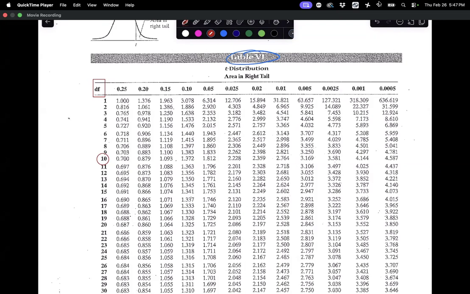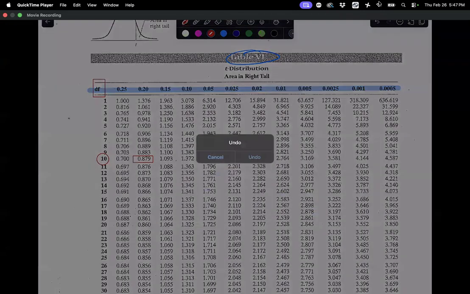Notice my column up at the top, I'm going to highlight it, has all of the alphas. So I'm looking for the alpha of 0.20. Coming down here, 0.20 alpha with 10 degrees of freedom, my T value is 0.879. That's my T value. So you find the alpha up at the top, degrees of freedom on the left column, and then just where they match up, that is your T value.